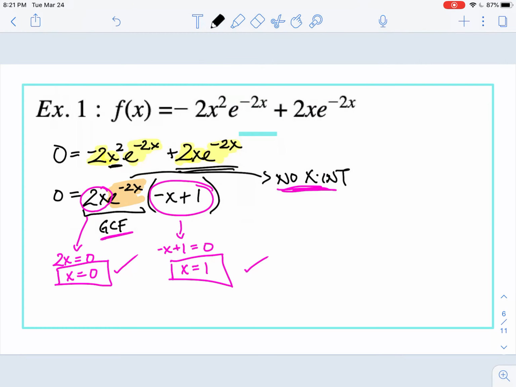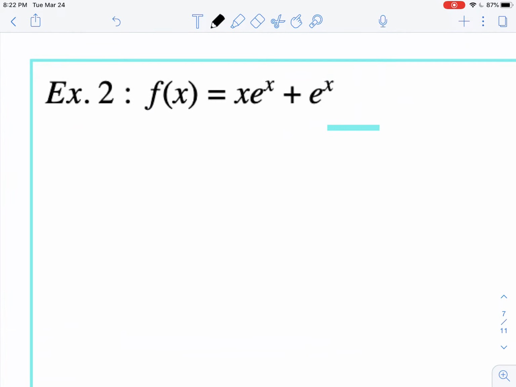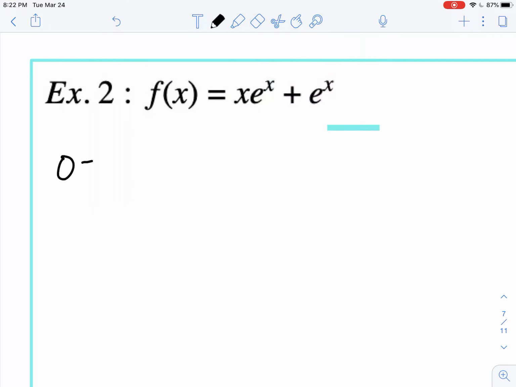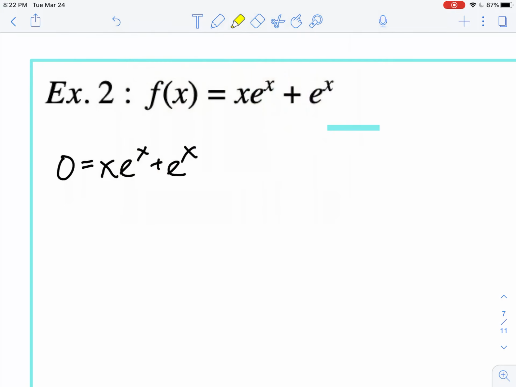Okay, let's move on to example number 2. Example number 2 says f of x equals x e to the x. We're going to start the same way, where we set it equal to 0, because that's what we're doing when we find x-intercepts. And like last time, we're going to see what my greatest common factors are.